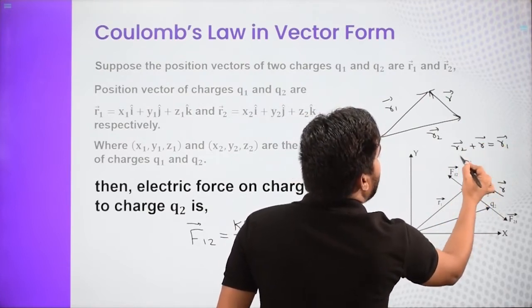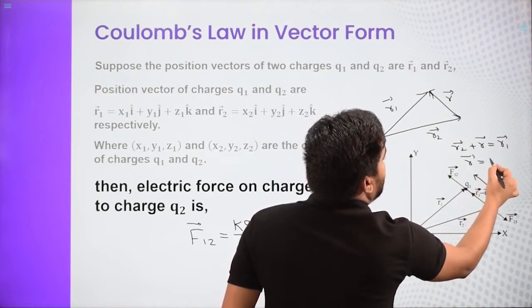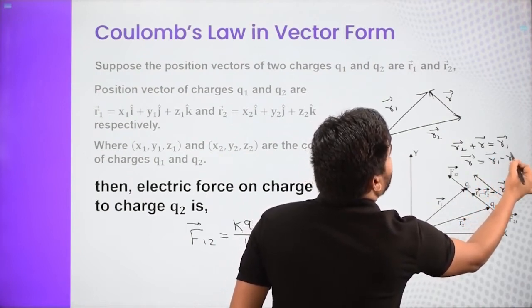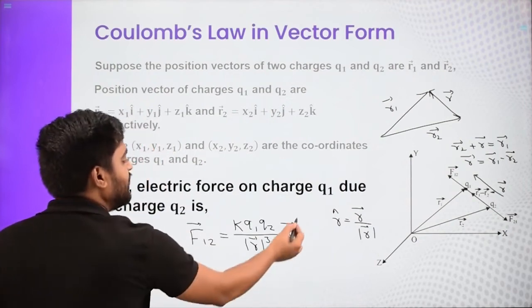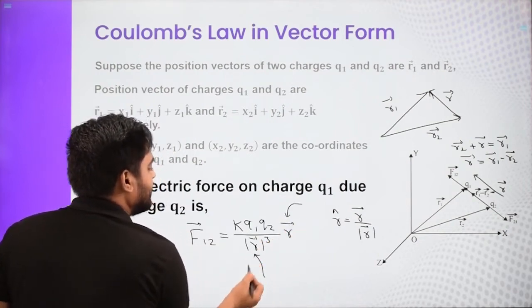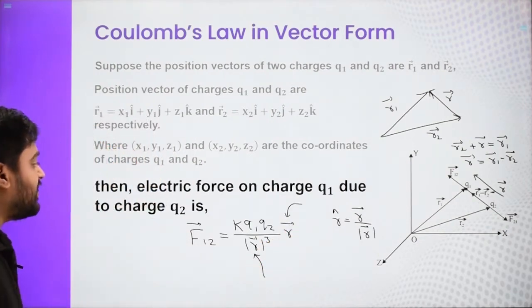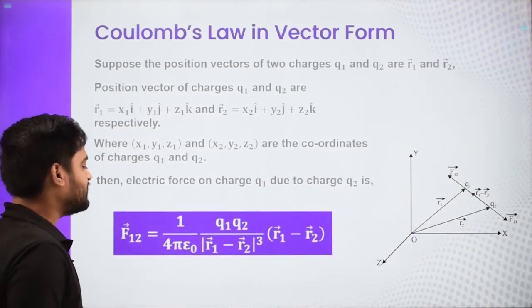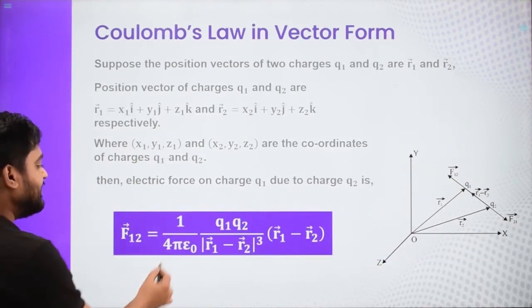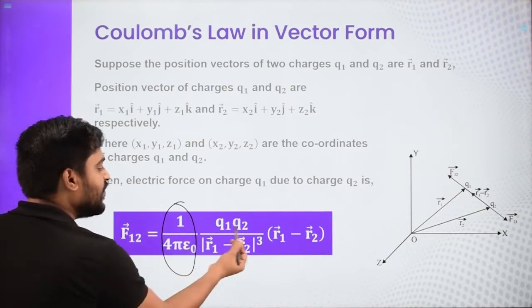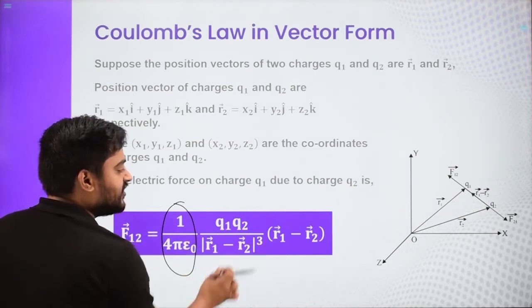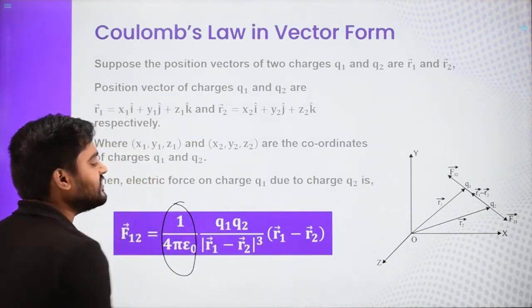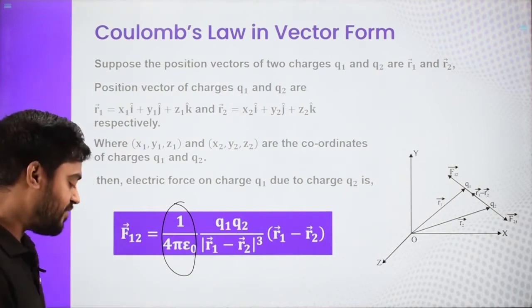Eventually, the R vector is nothing but R1 vector minus R2 vector. When we put the value of R over here, we get the formula which is the vector form of Coulomb's law. The force on one due to the other is K Q1 Q2 over R cubed times the R vector, which is R1 minus R2 vector. So this is the vector form of Coulomb's law.